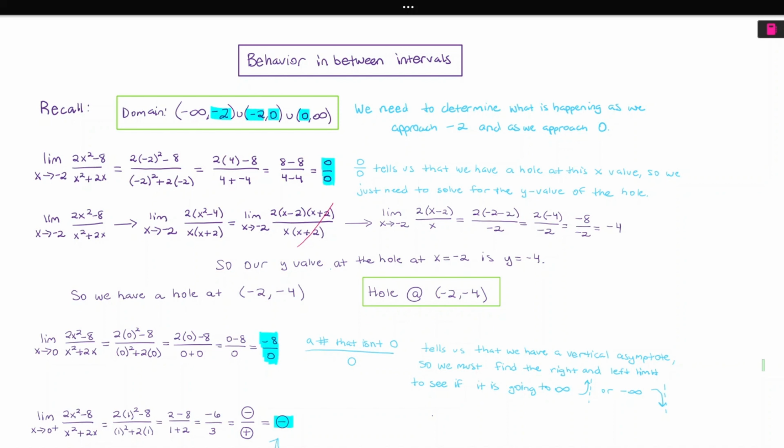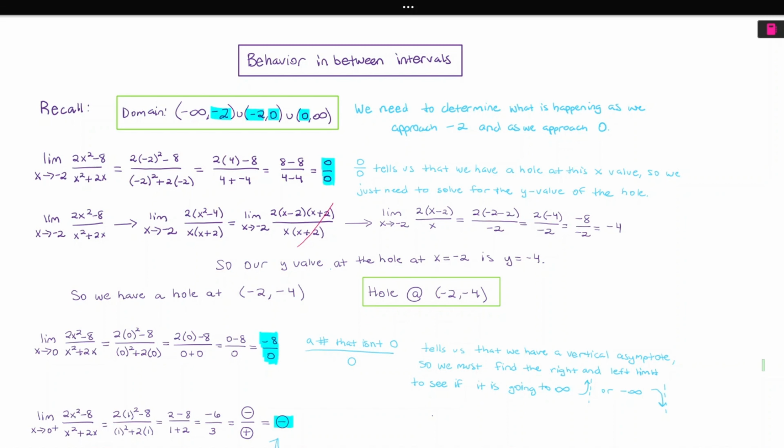So then what I'm going to do is basically cross out the hole to see what y value would be there if I didn't have a hole there. So we factor it: 2x minus 2 over x plus 2 over x plus 2.